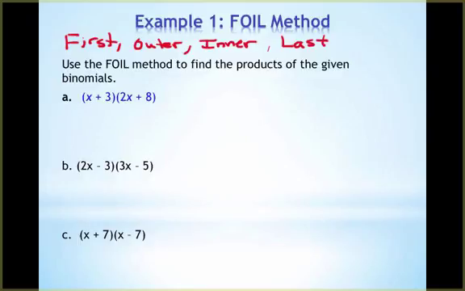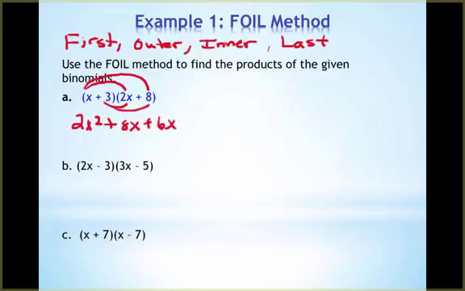So here's the way that we do FOIL. First means you're going to multiply the first term in each binomial, which would be x times 2x. Well, that's 2x squared. The outers are the two outside terms. So that would be x and 8, so plus 8x. The inner are the two inside terms, so that would be 3 and 2x, so that would be plus 6x.